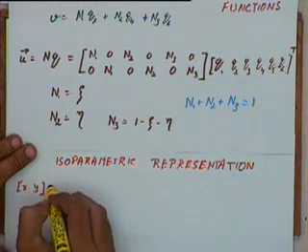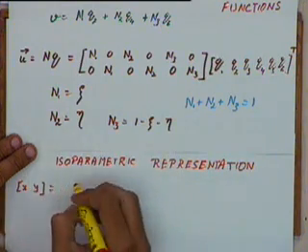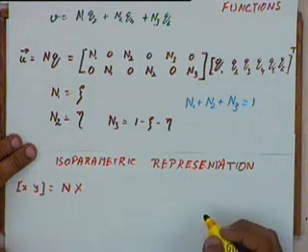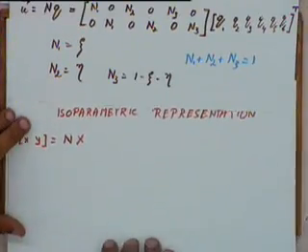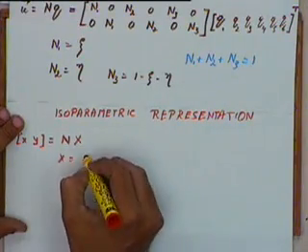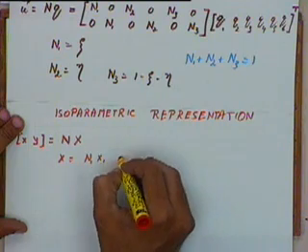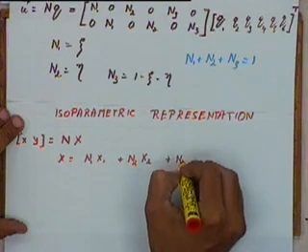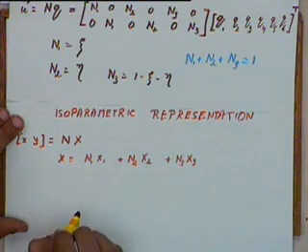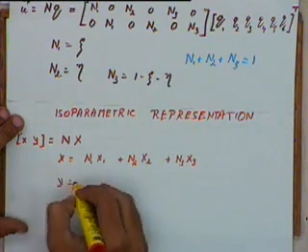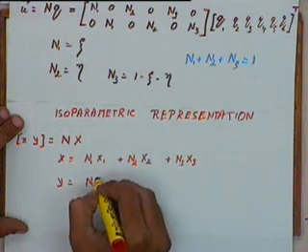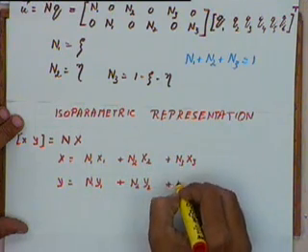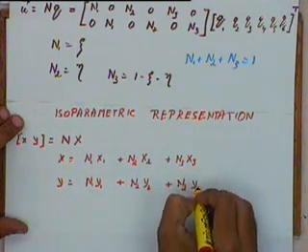So xy will also be equal to n times x, or we can say x will be equal to n1 x1 plus n2 x2 plus n3 x3, and y will be equal to n1 y1 plus n2 y2 plus n3 y3.